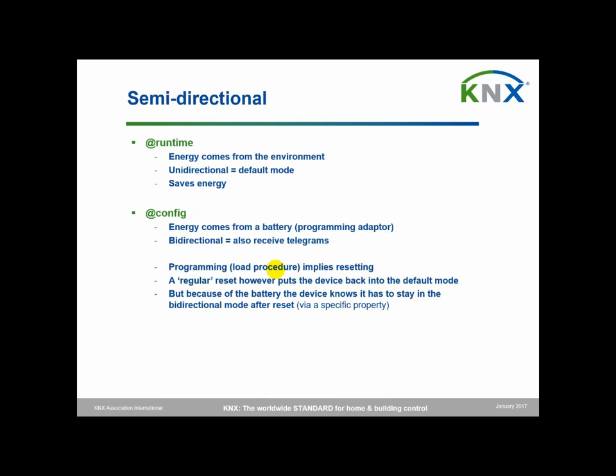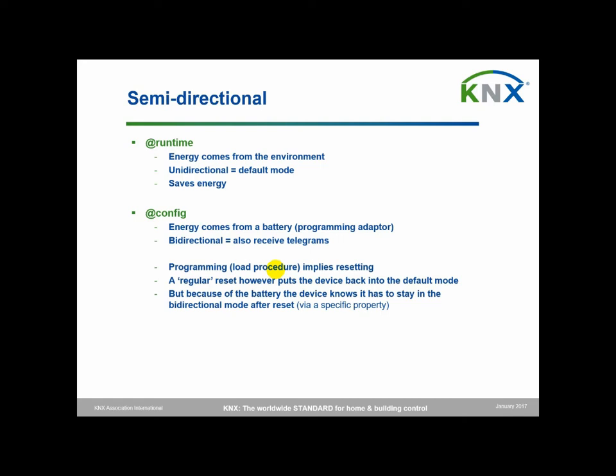Semi-directional. What does it mean? As I said, at runtime the energy needs to come from the environment. Unidirectional is the default mode, in order to save energy. By default, all these devices are unidirectional, purely for the sake of saving energy, because especially in this case there is not even a battery.